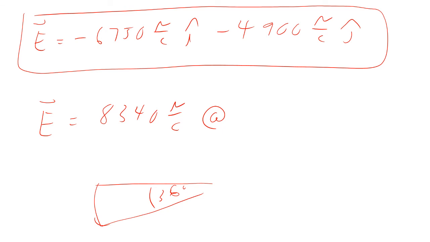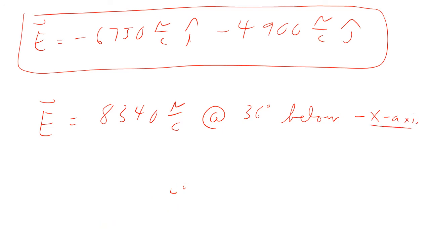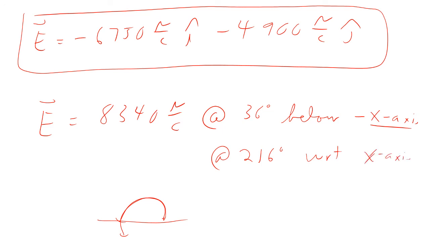So I could say the angle is 36 degrees below the negative x-axis. Okay, or the negative x-axis is often regarded as 180 degrees from the positive, so if it's 36 degrees more, I could have said that's going to be at an angle of 216 degrees with respect to the positive x-axis. Okay, that's how they normally do it in math.